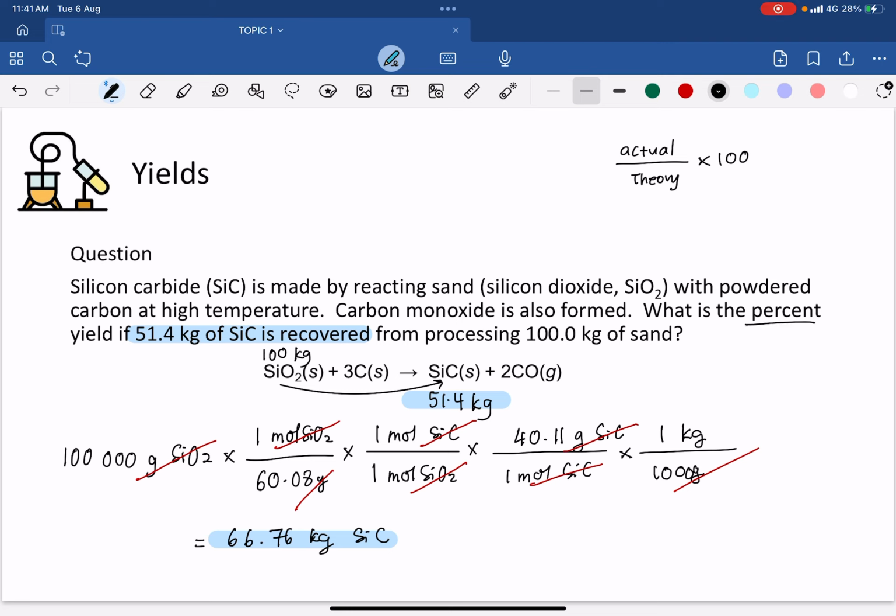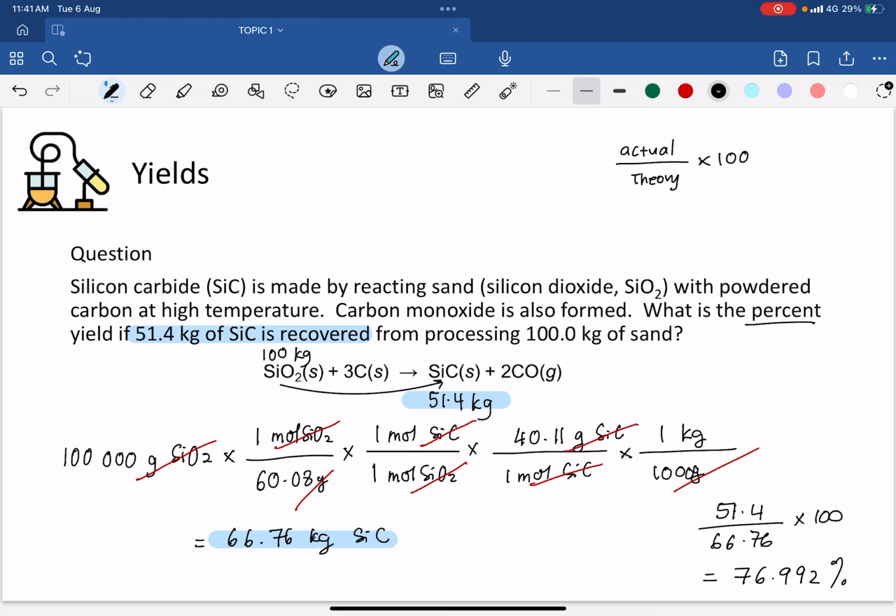So the question asks for percent yield. So we just calculate: 51.4 divided by 66.76 times 100 equals, so you got about 76.992%.